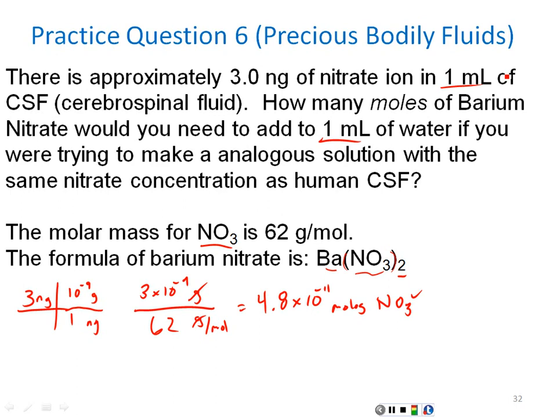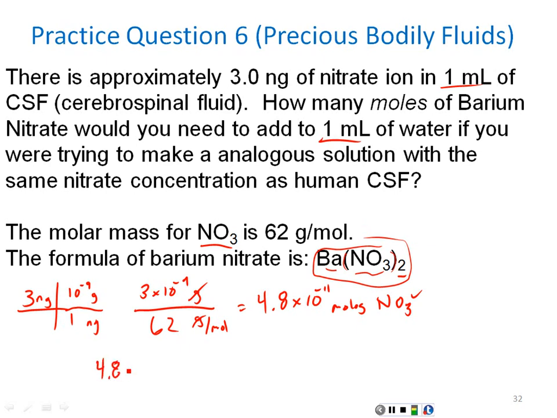To answer this question, we know we have 4.8 times 10 to the negative 11 moles of nitrate. That's what we need. But now we need to look at the molar ratio of nitrate in the molecule barium nitrate.